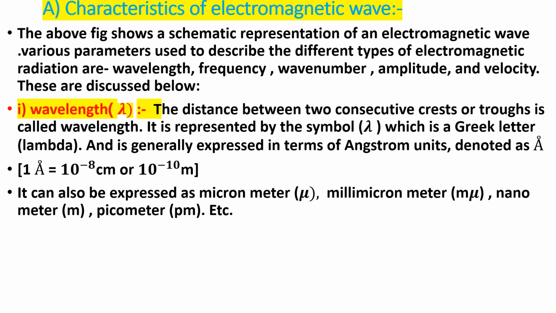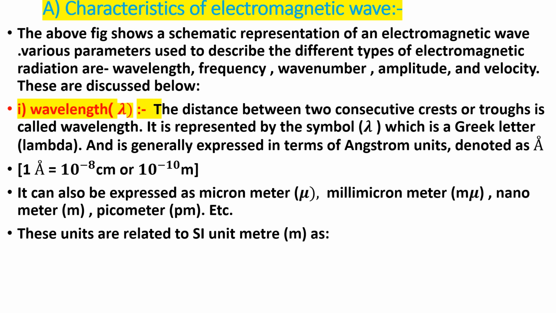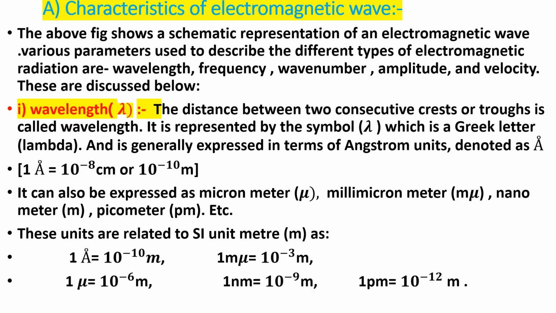It can also be expressed as micrometer or micron, millimicron or nanometer, and picometer, etc. These units are related to the SI unit meter as 1 angstrom is equal to 10 raised to minus 10 meter, 1 millimicron is equal to 10 raised to minus 9 meter, 1 micron is equal to 10 raised to minus 6 meter, and 1 nanometer is equal to 10 raised to minus 9 meter.